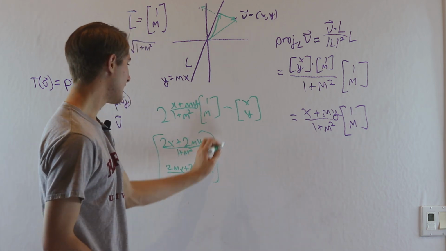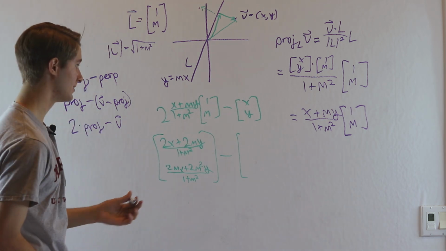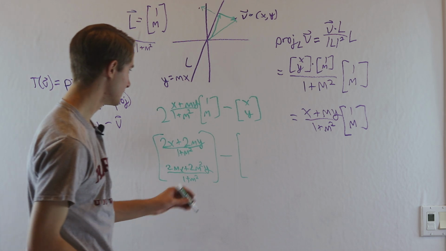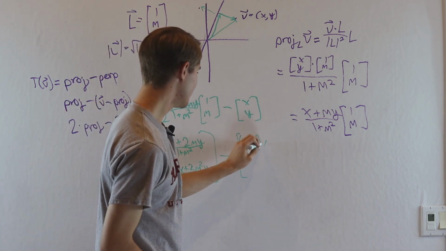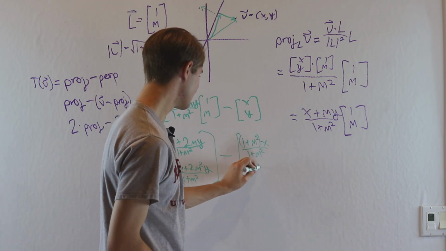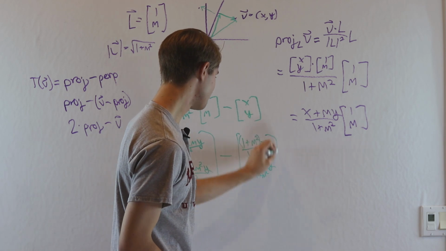And now if we want to add these 2 vectors together, we're going to write these in terms of a common denominator. So we'll multiply the top and bottom here by 1 plus m squared. So we're going to get (1 plus m squared) x over (1 plus m squared), and then (1 plus m squared) y over (1 plus m squared).